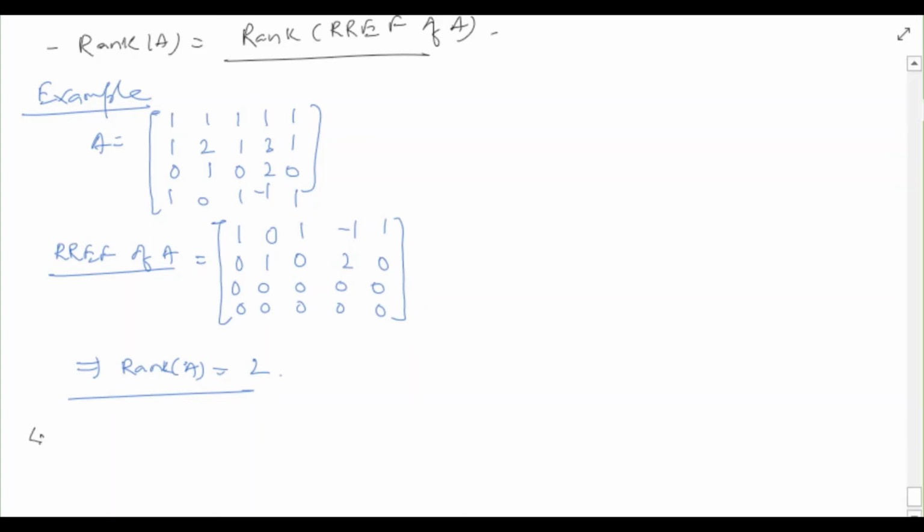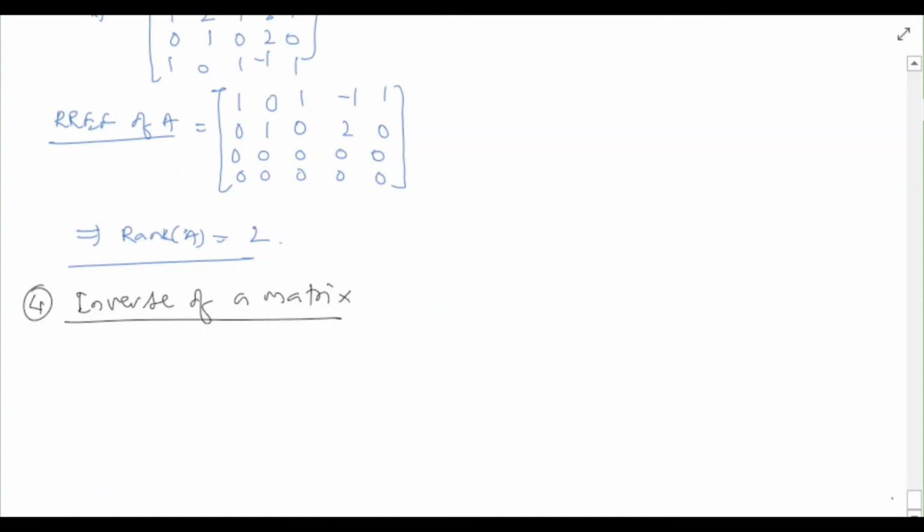The next application that we see is computing the inverse of a matrix. We have already seen that the determinant of a matrix is non-zero if and only if the determinant of its reduced row echelon form is non-zero.